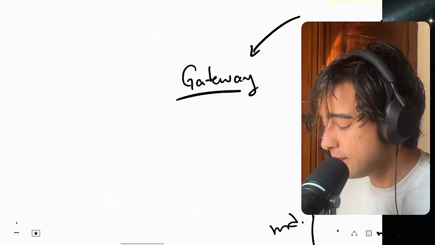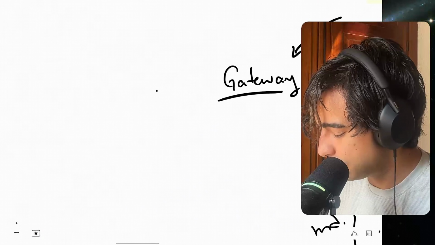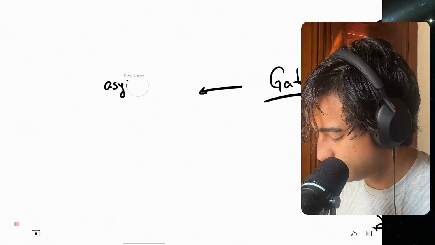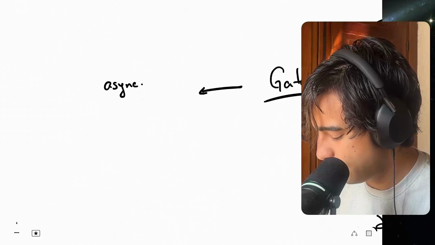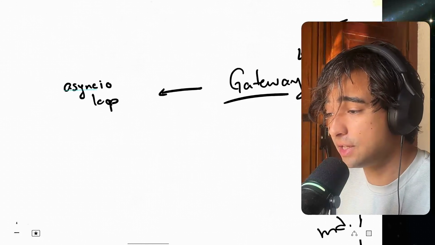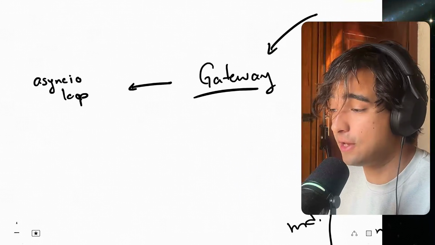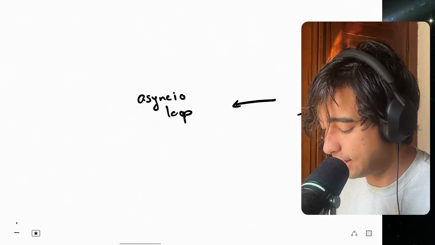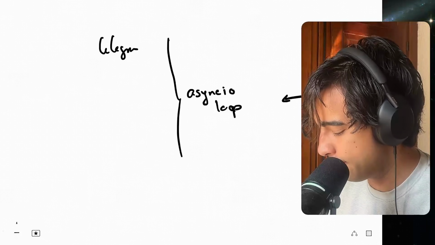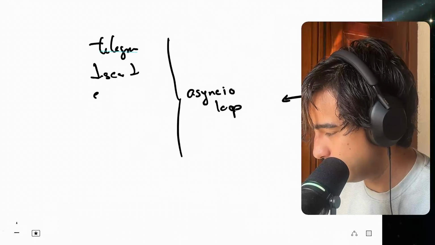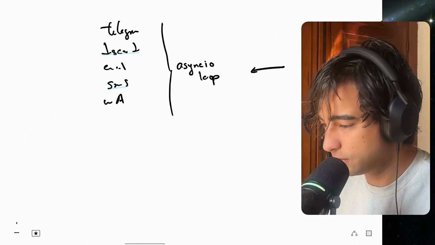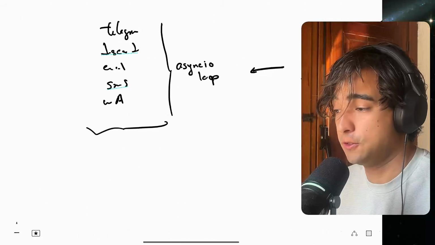Okay, so what happens first is that this starts an async IO loop, sorry about the grammar, that will run continuously and wait or poll different gateways. So this one right here is going to listen to, as we were saying, Telegram, Discord, email, SMS, WhatsApp, etc. And every single one of those actually has a different way to be polled.